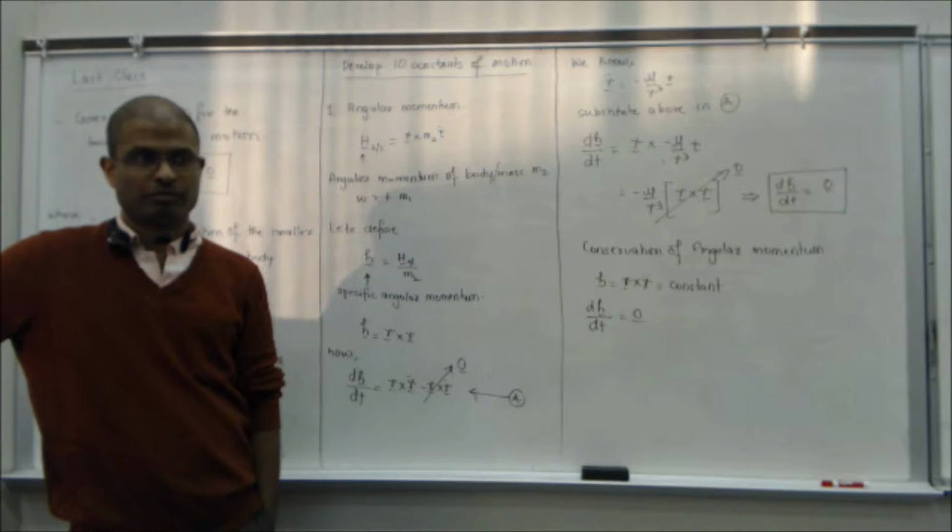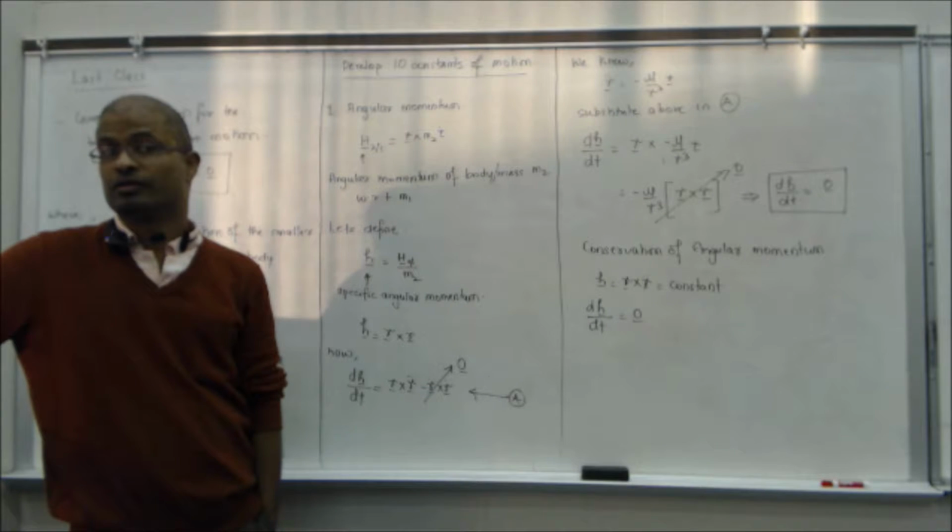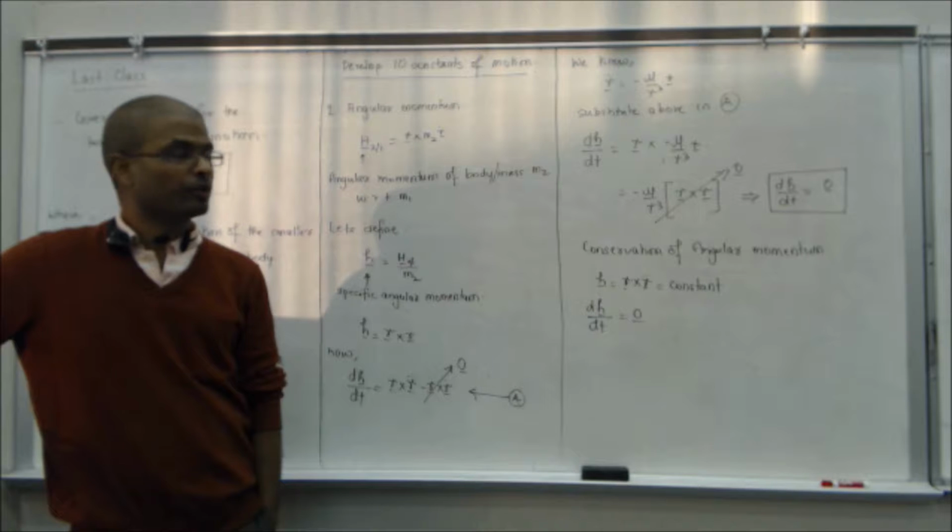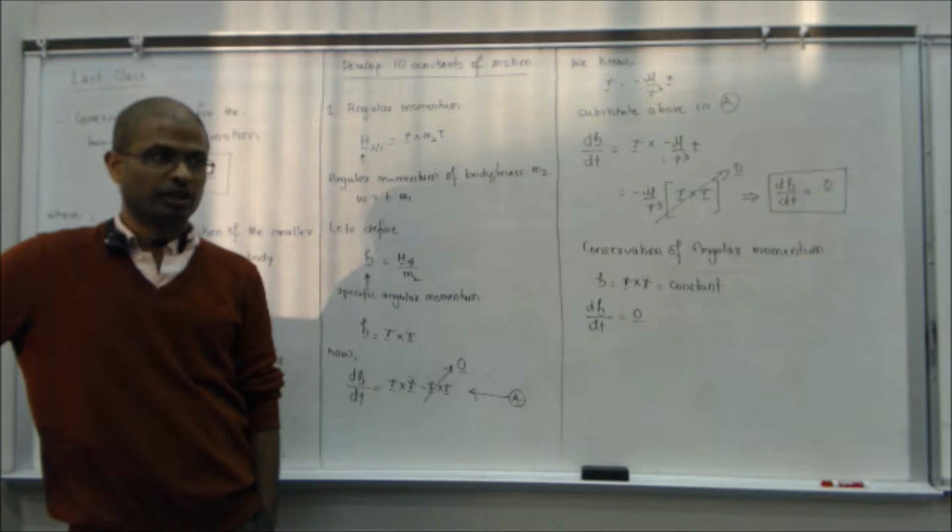What makes it 0? The definition of the cross product has a sine theta there, right? In the definition of the cross product, the magnitudes of the vectors are multiplied by sine theta. The angle between the same vector is 0, so the sine theta term goes to 0, and that is the reason it is 0.